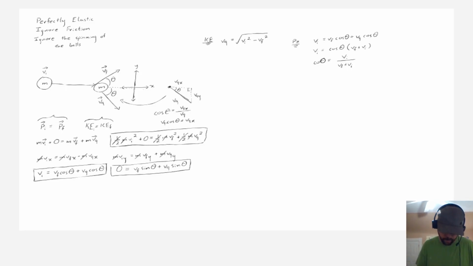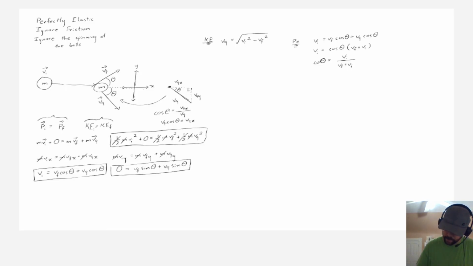And then we're going to take the y components of the momentum vectors, and I think we want to solve for velocity initial. One second in my notes here. No, we're going to solve that for v9.